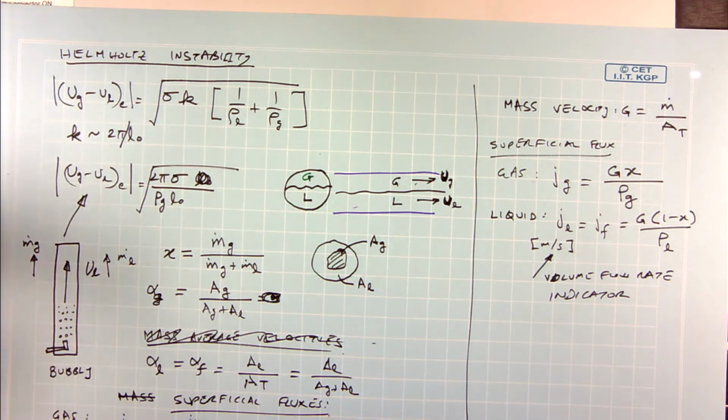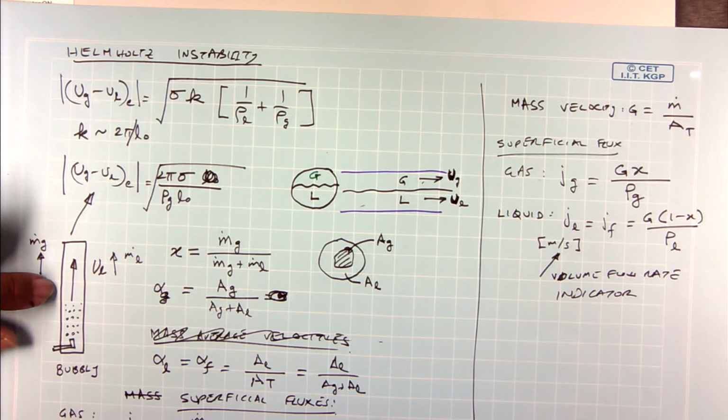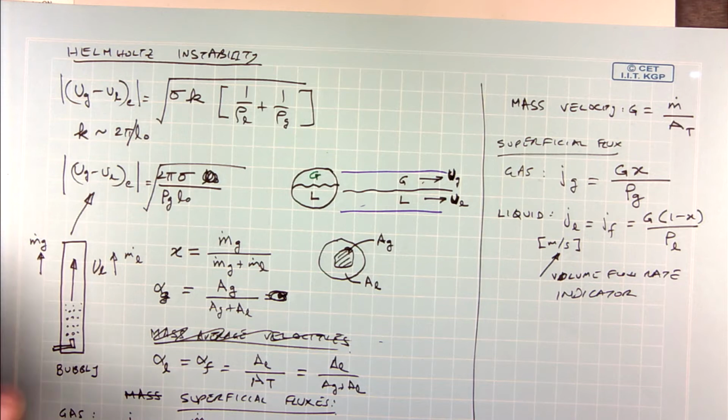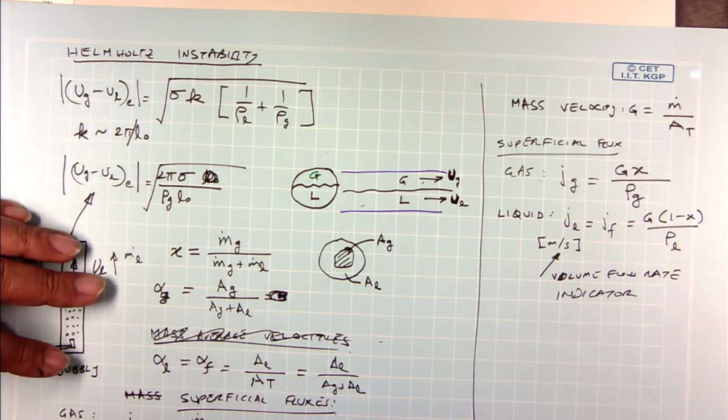If you have a long enough pipe, or a short pipe with a very high velocity of gases, or a high mass fraction of the gases, or higher quality flow, you will tend to get bubbles that are bigger in size and almost the same dimension as your pipe.